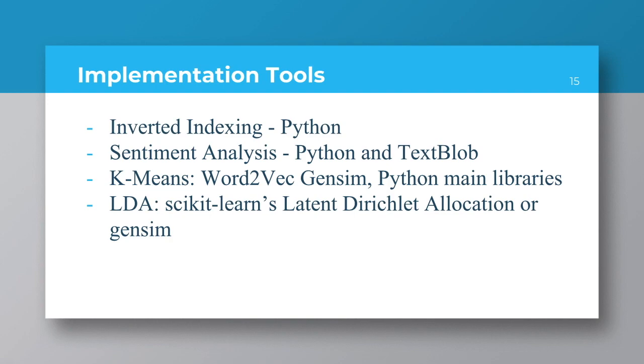Also, we are using some main Python libraries that will be really helpful in the development of the k-means algorithm. Finally, in the LDA, we are using scikit-learn's latent Dirichlet allocation, or we will also try to use Gensim.